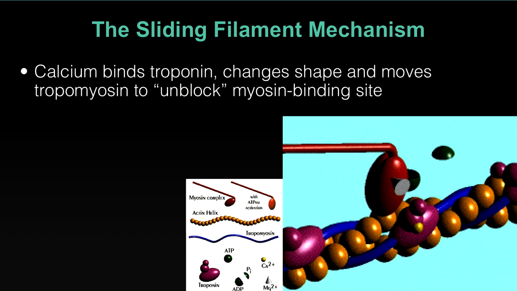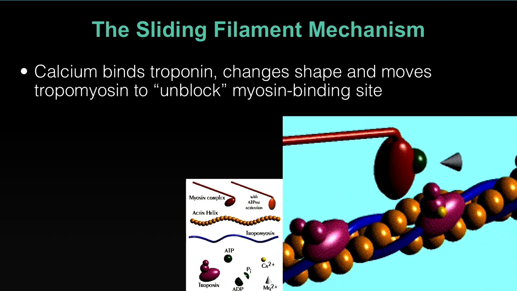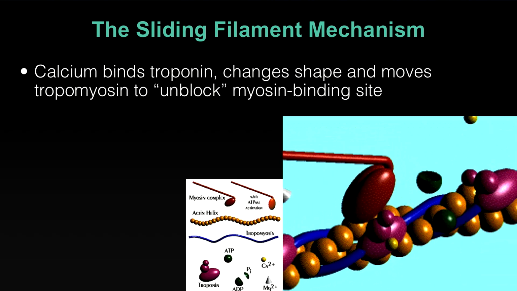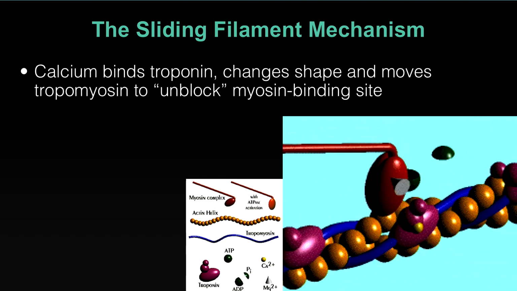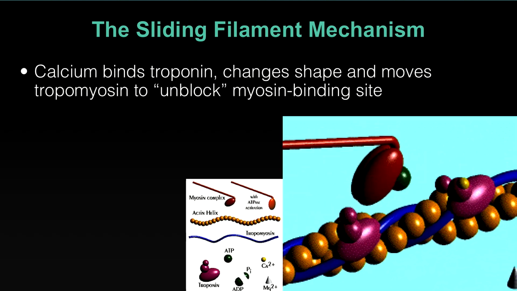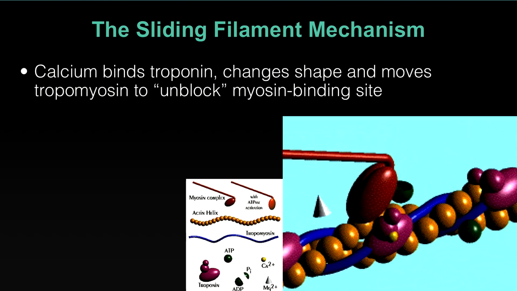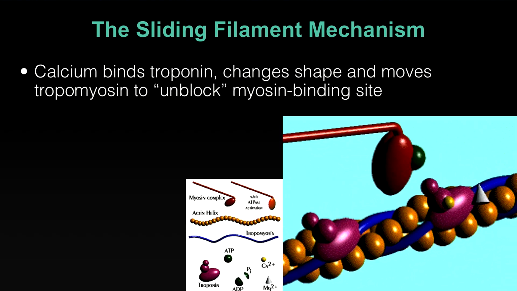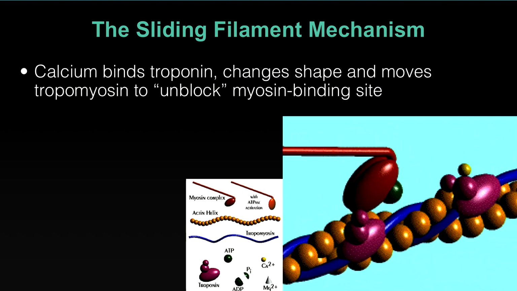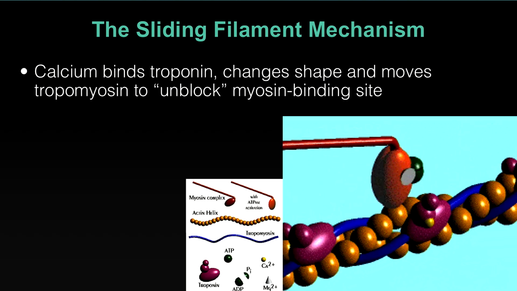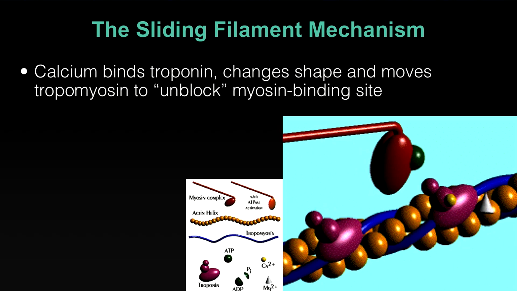You'll learn all about conformational changes in biochemistry next year. Really, when anything binds, the shape changes. And calcium binding to troponin is no different. The shape changes inside the cell. And that causes it to pull on these blue filaments called tropomyosin and pull them out of the way.